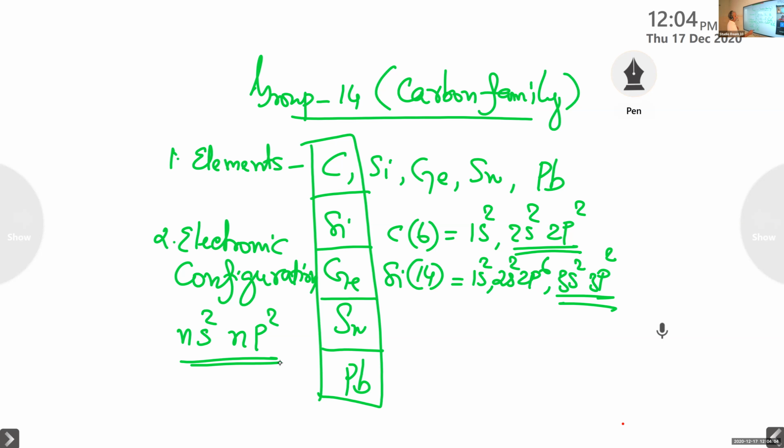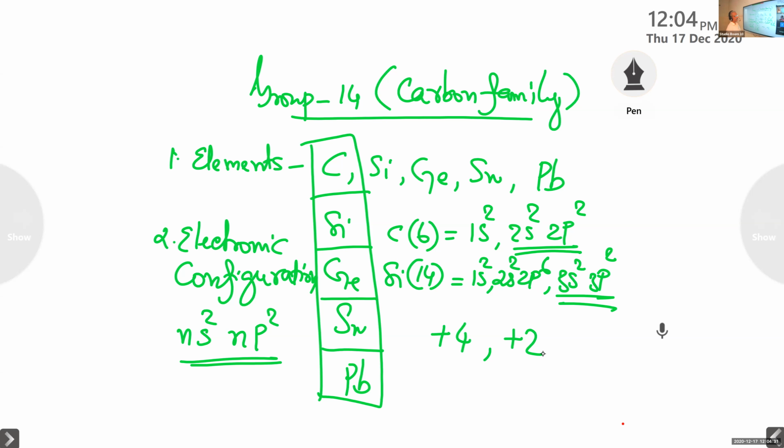There can be plus 4 and plus 2 oxidation states. Plus 4, because all 4 electrons in the outermost level can take part in the reaction. But down the group, plus 2 is more important.